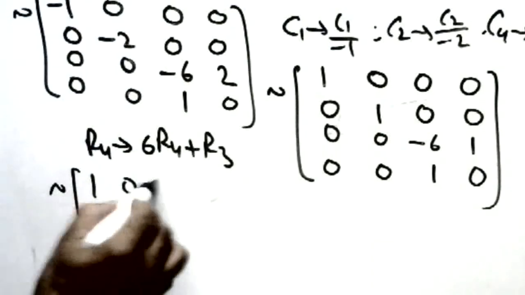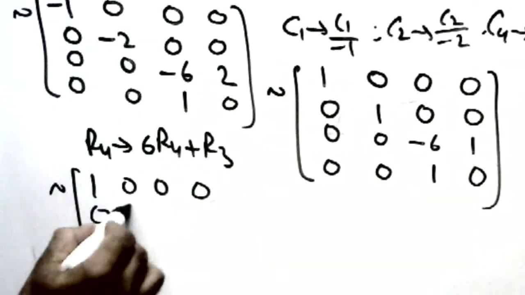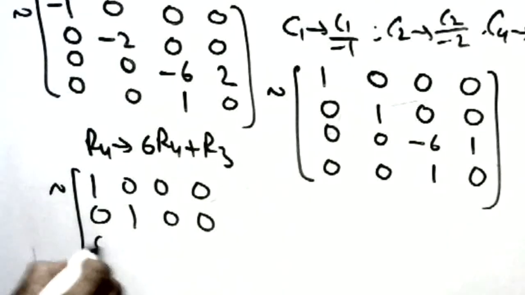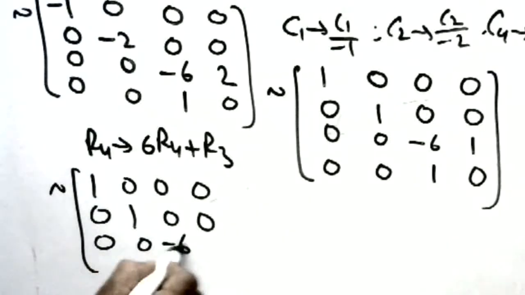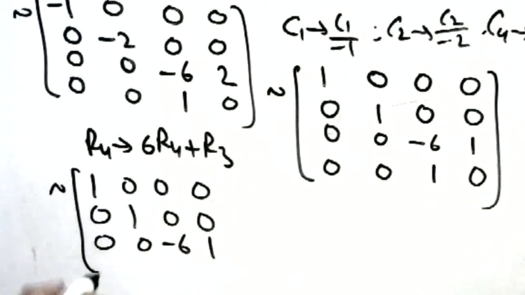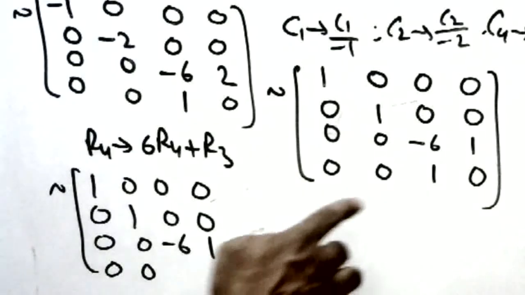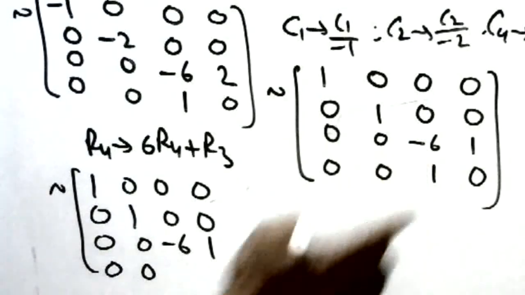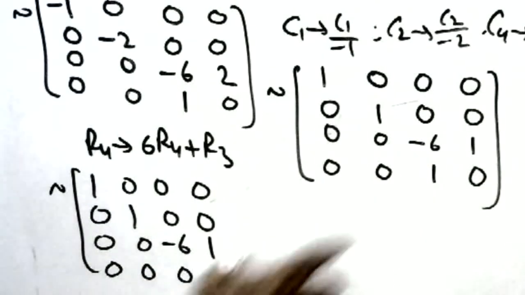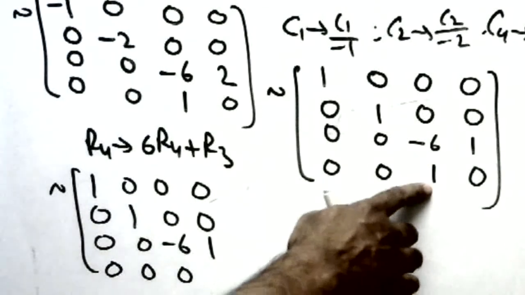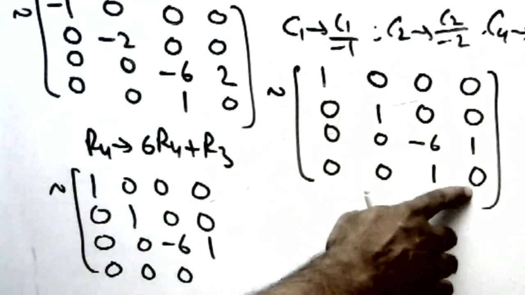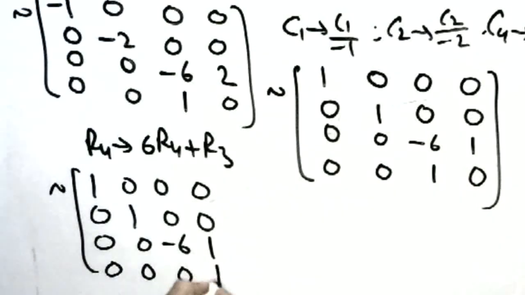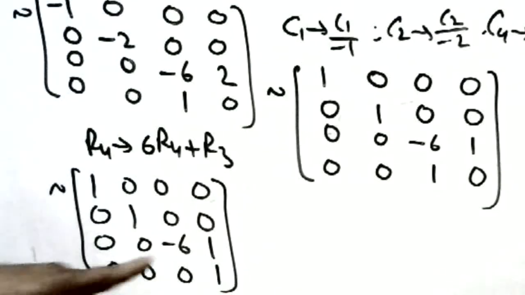Okay, write all the rows as they are. 1 0 0 0, 0 1 0 0, 0 0 minus 6 is 1. So this will be 0 0. What is left here? 6 ones are 6. 6 minus 0 is 0. 6 ones are 6, 6 minus 6 is 0. 6 zeros are 0. 0 plus 1 will be 1.